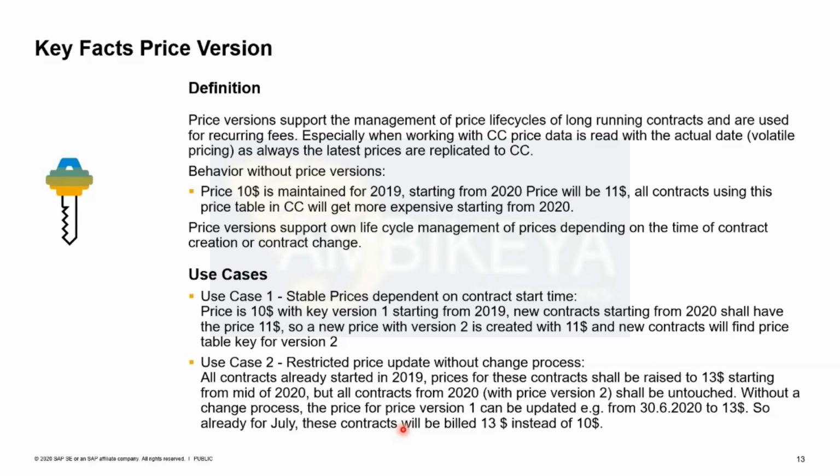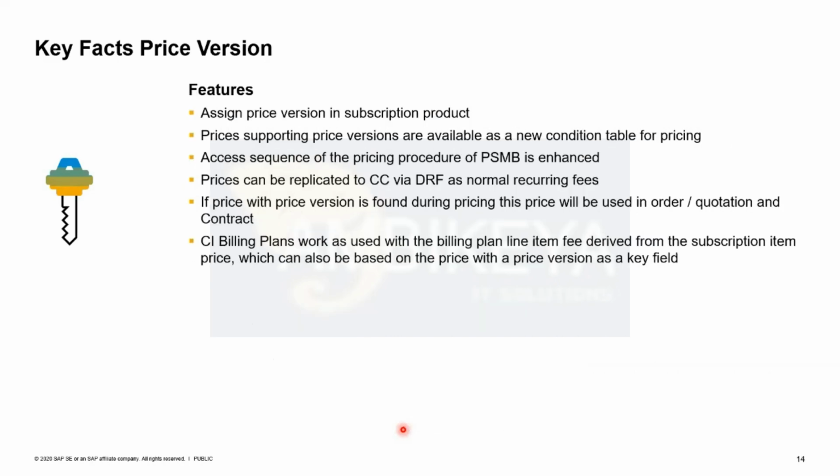So the price version mainly helps maintain a price life cycle in the system independent of the other price versions. For the same product, for the same duration, you can still have two or multiple versions of price to support multiple customer requirements.